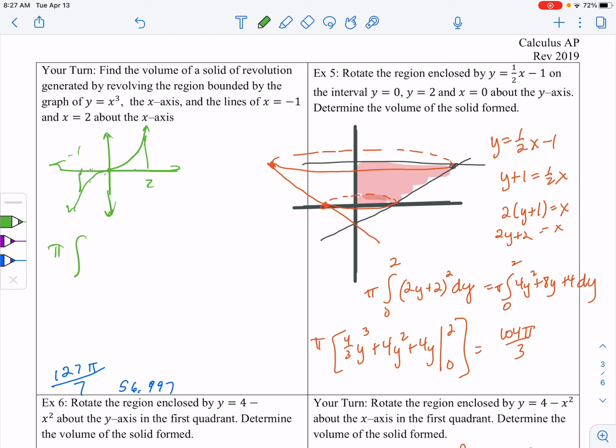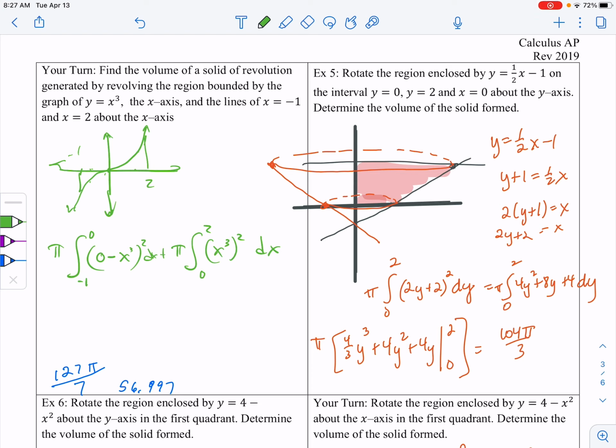So you have pi, and you have -1 to 0, and you have 0 minus x cubed squared. And then you're going to add to it the pi from 0 to 2 of x cubed minus 0 squared. Oh, I didn't put my dx in there. Don't forget your dx.